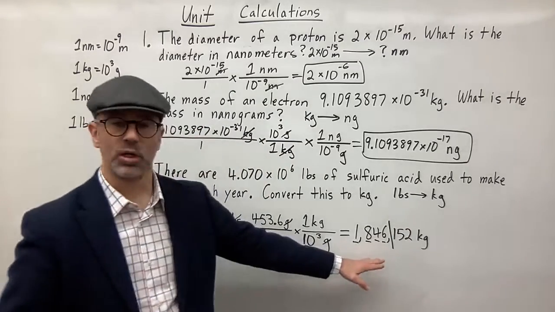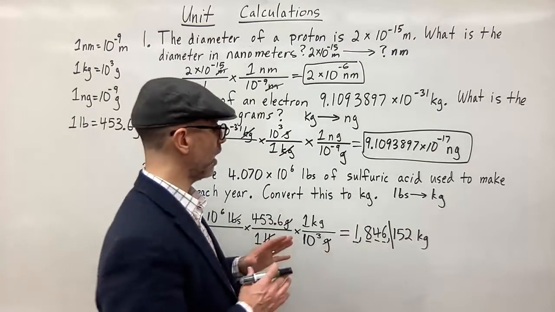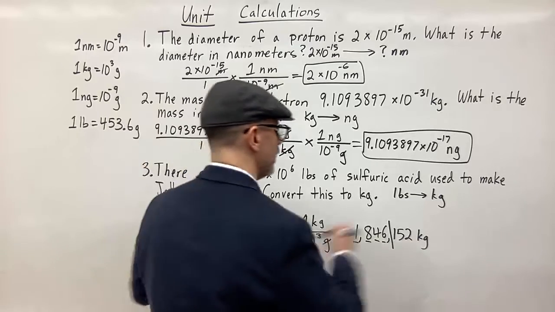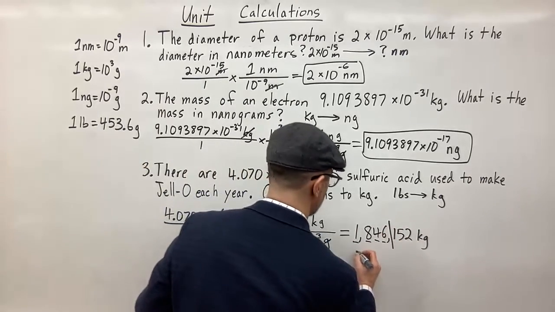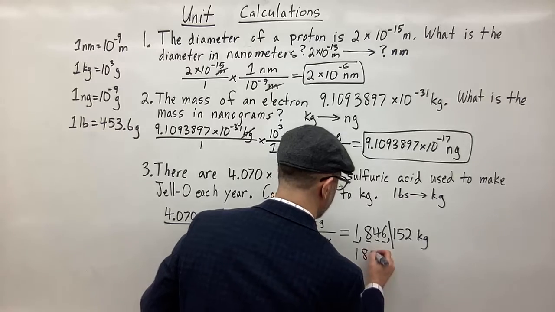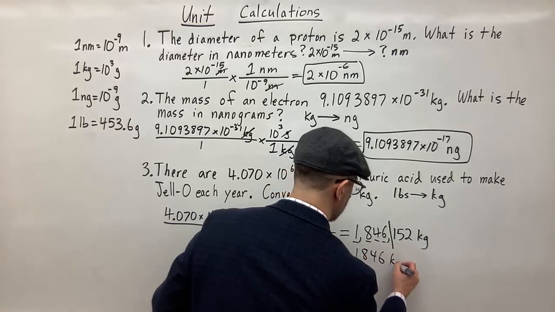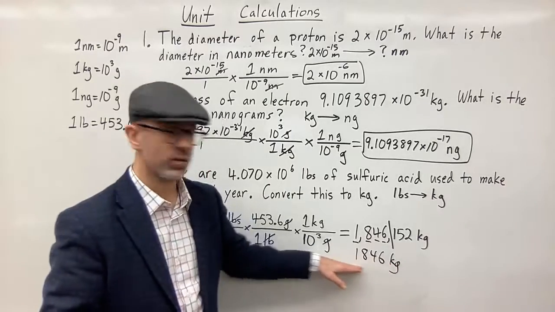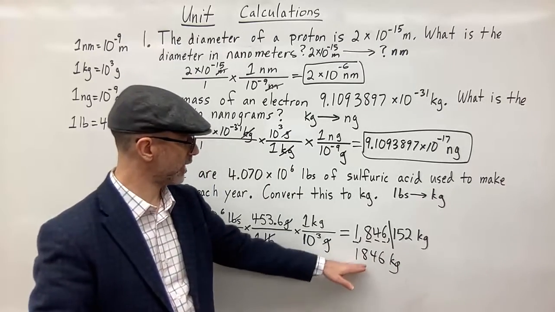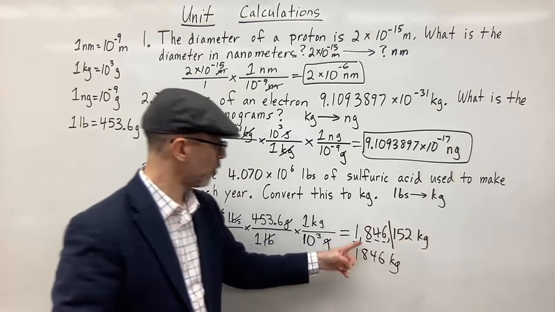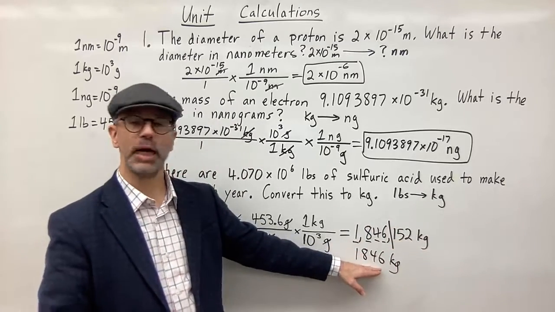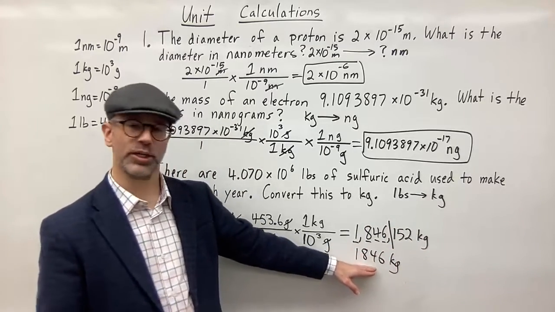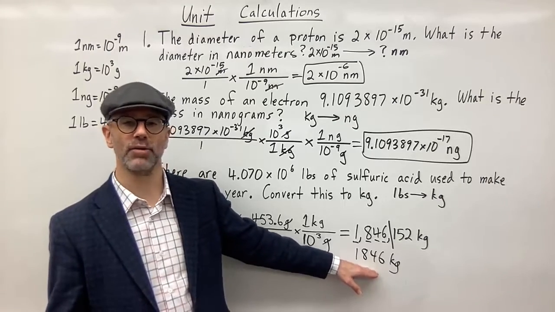Now, what students are going to want to do is they'll drop this off and then they'll write 1846 kilograms, and there's their final answer. But this doesn't work because notice that this number 1.8 million is much bigger than the rounded answer here. So this is too much of a rounded answer.